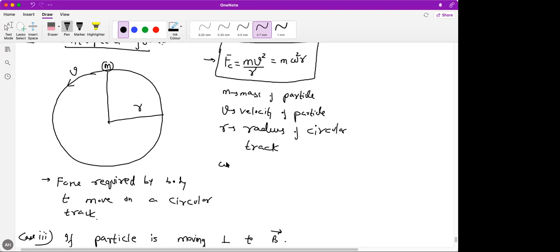And omega is the angular velocity. Do you remember the relation between v and omega? Omega is equal to v by r.